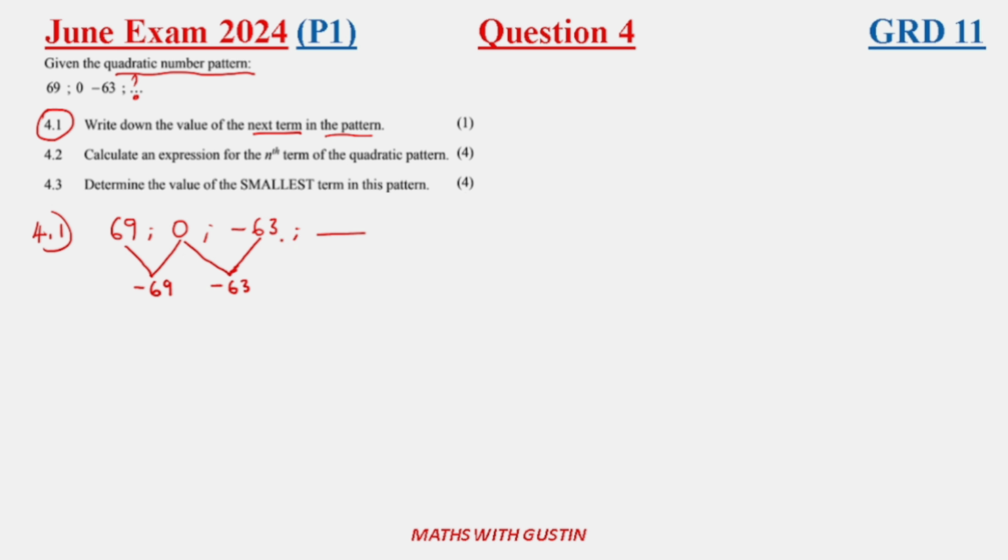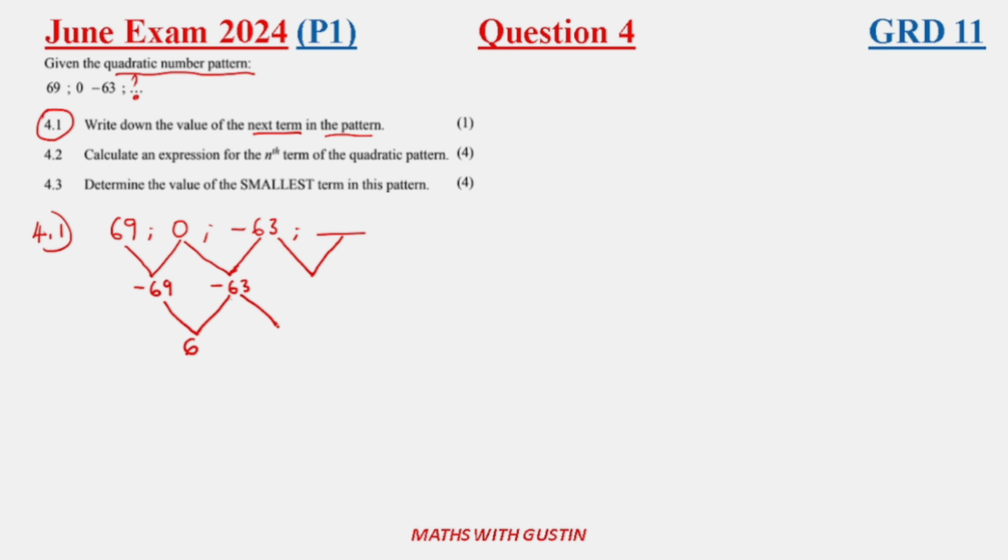We don't know what is here yet. So the best thing to do is to find the second difference, because we know that this is already quadratic, so it makes life a bit easy for us. Negative 63 minus negative 69 will give us positive 6.